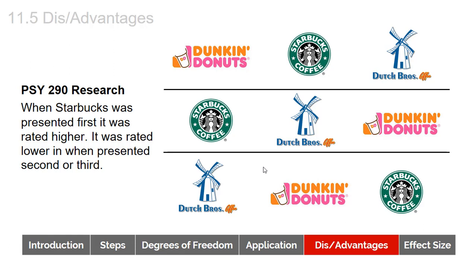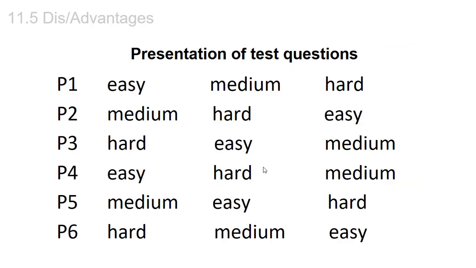And what does this mean? Well, maybe when you see Starbucks immediately, you have a certain feeling about it. But if you see Dunkin' Donuts before Starbucks, that could change the way that you see Starbucks. Order matters. So what we can do as researchers is vary the order in which we present things to our participants.